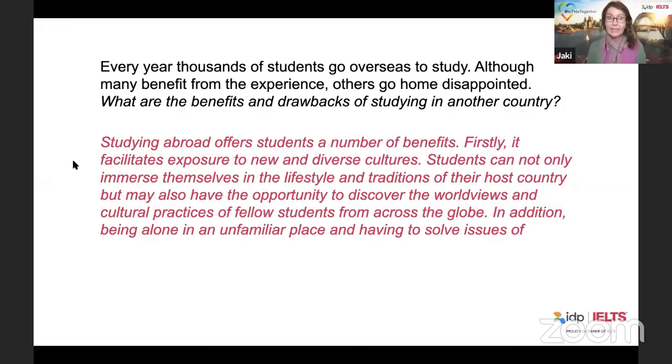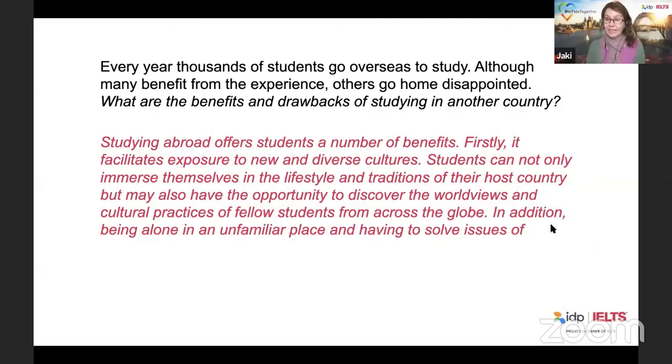Firstly, it facilitates exposure to new and diverse cultures. Remember that was our first reason? So then we expand. Sometimes you can give an example, but sometimes you can just say more. Students can not only immerse themselves in the lifestyles and traditions of their host country, but may also have the opportunity to discover worldviews and cultural practices of fellow students across the globe.